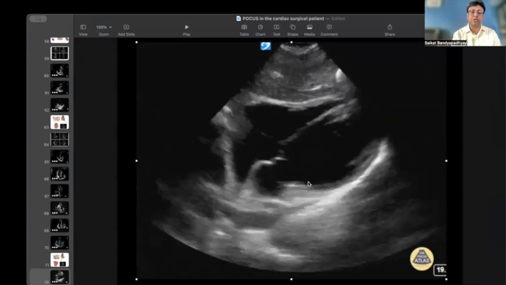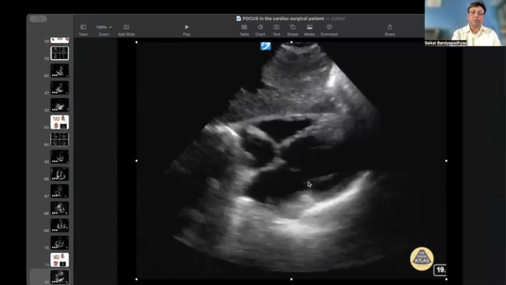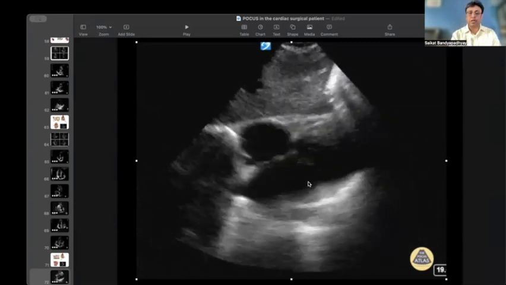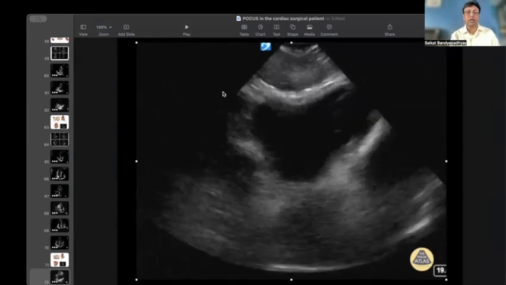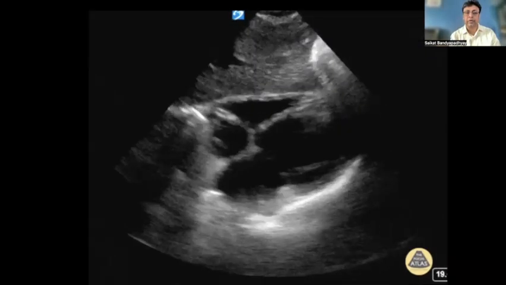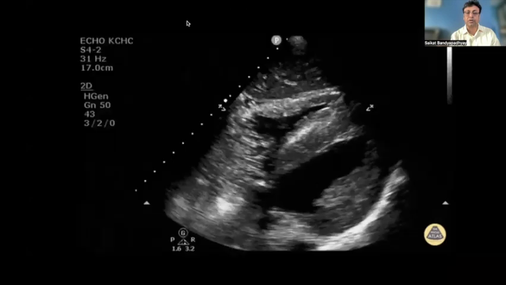So from this position, if you turn the probe perpendicularly with the probe marker looking towards the patient's chin, you'll get this image. I'll show you.